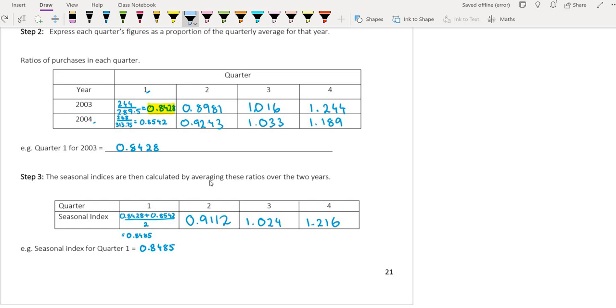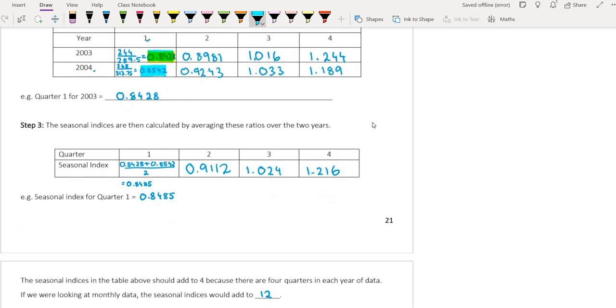And then you take these values, and you look at the data in terms of the quarters. So you look at quarter 1, and you add up these two values that you've got, and you average it out, meaning divide by how many numbers you're adding. In this case, we're adding 2, so we divide by 2. This is the process that we're doing.